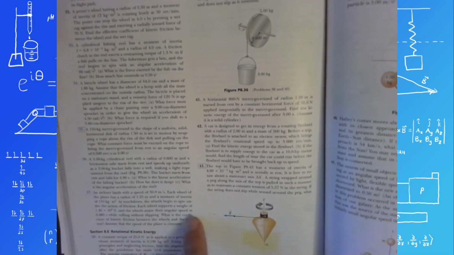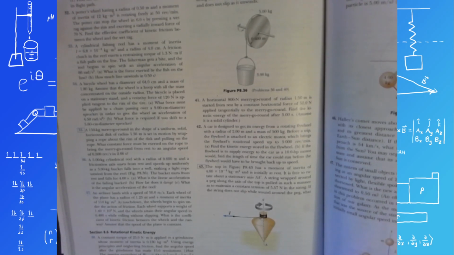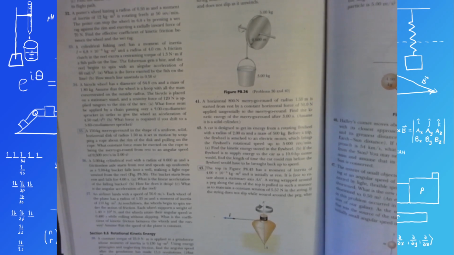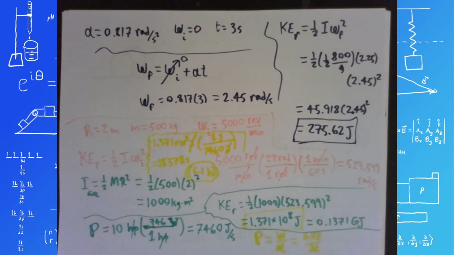They've got a force that's being applied tangentially, kind of like what we saw twice now with the merry-go-round being pulled tangentially by a rope. Kind of the same deal going on here. So we have that spinning top. It has a moment of inertia of 4 times 10 to the negative 4 kilogram meters squared, and it starts from rest. It is free to rotate about a stationary axis, A prime.